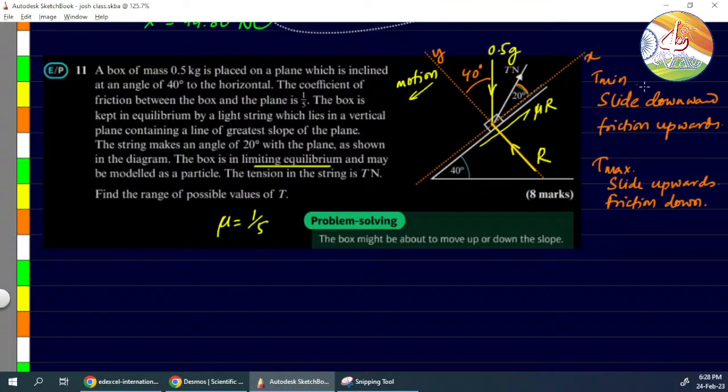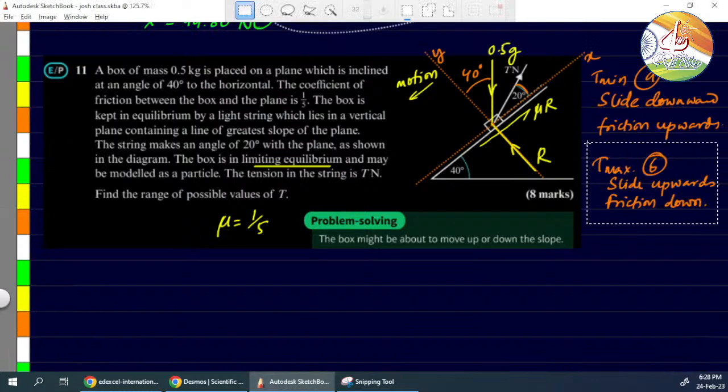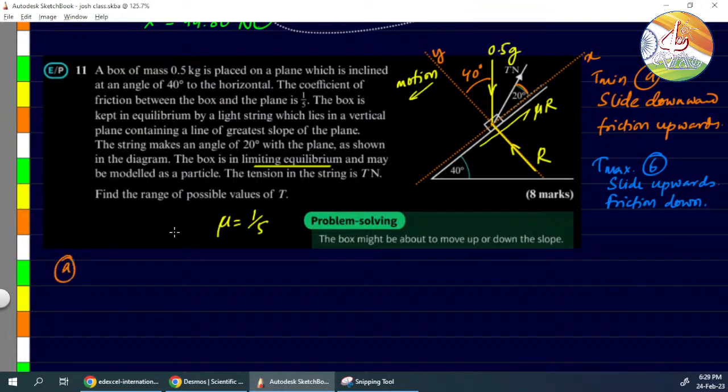Let's take this as part A, this as part B. So first let's go with part A. It's sliding downwards, so the friction is upwards and tension is minimum. First, sigma y. What are the forces? R is acting upwards.